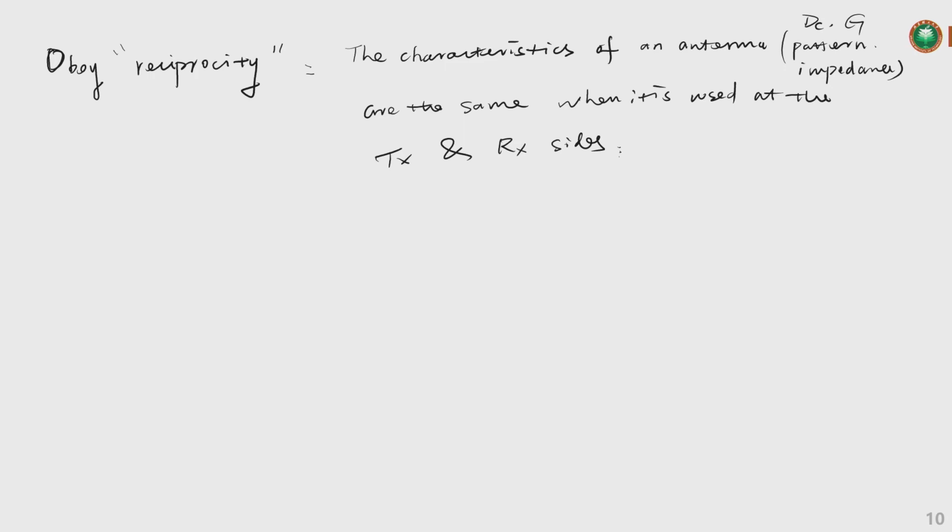So if it is on the transmitter side or the receiver side, it can have the same radiation pattern or directivity or impedance. This means certain kinds of antennas obey reciprocity.